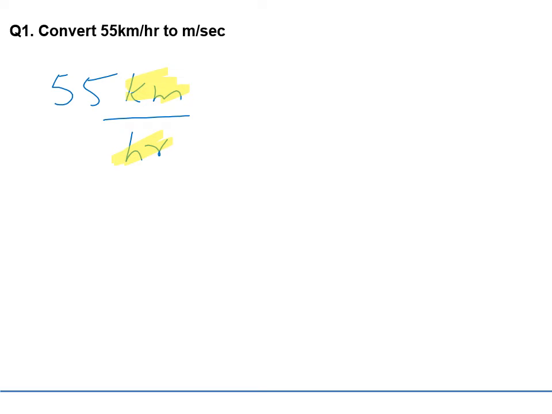Okay, so what we will do for this, we will multiply. Since we need to convert kilometer to meter, how many meters do we have in 1 kilometer? We have 1000 meter in 1 kilometer, right?